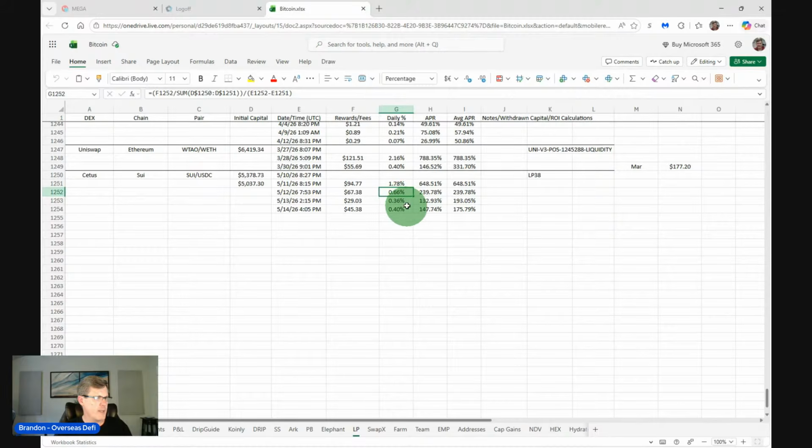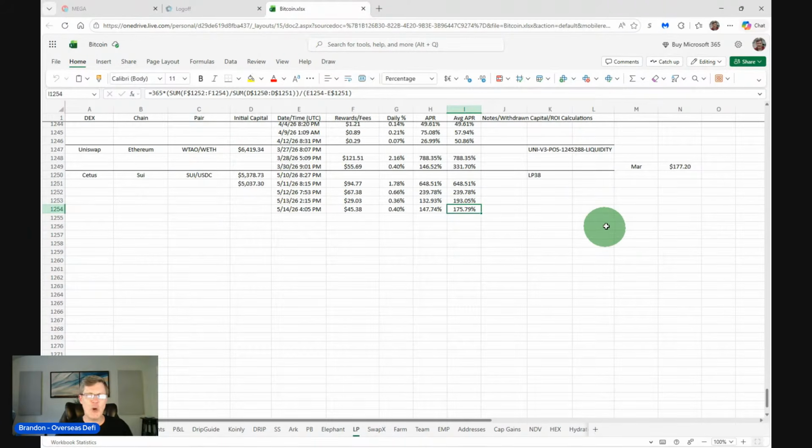That was 0.6% per day. That was 0.3, and this was exactly 0.4% per day. This was a big one because there was a ton of volume in the market on that day. That was when SUI was going kind of crazy on Sunday night. But yeah, my batting average for this position, well over 100% yield per year.